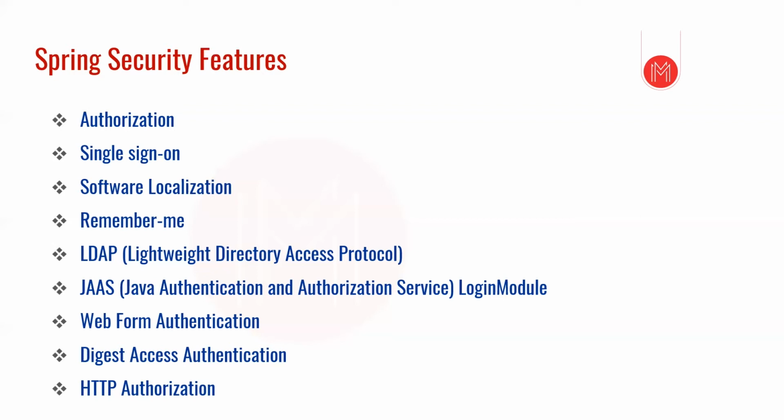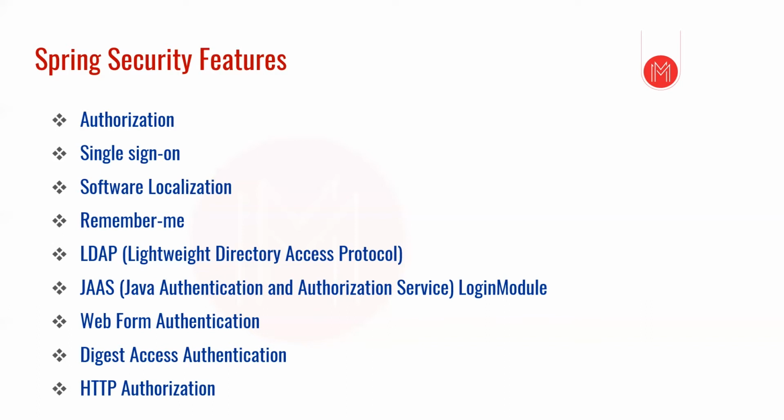With all these features, we can apply Spring Security on our applications. How simple it is. But I'm just going to apply at least one simple technique. To be frank, it's not possible to focus on all these techniques in a single video. That's the reason in this video I'm going to focus on one simple technique, that is how to apply Spring Security on Spring Boot web applications.